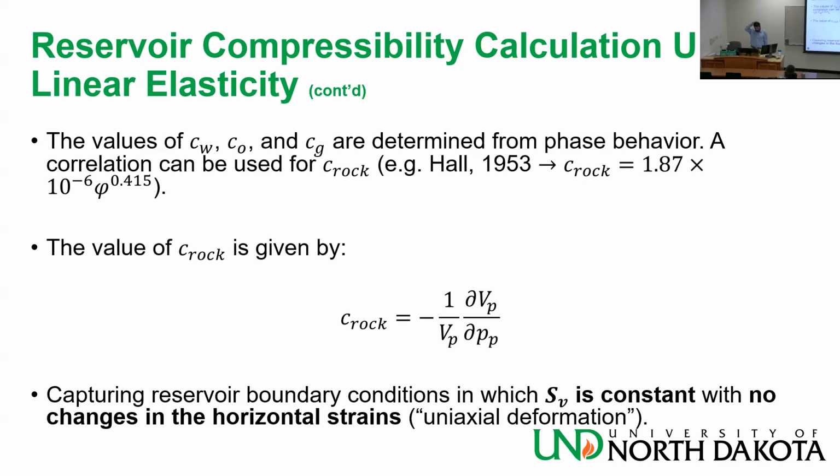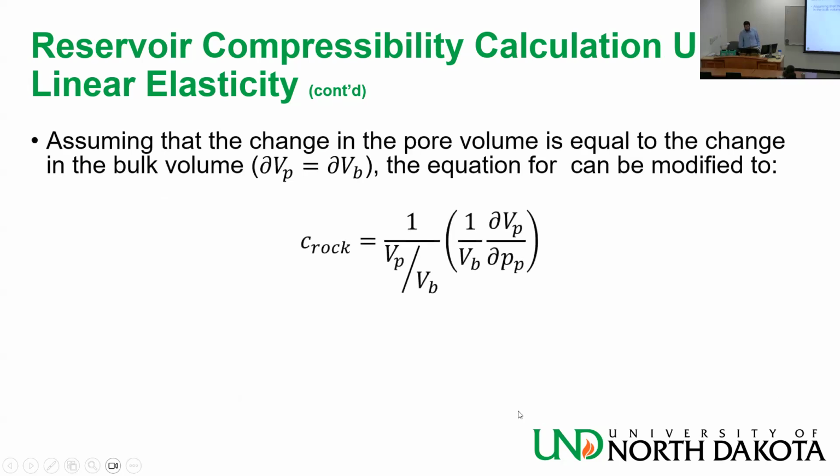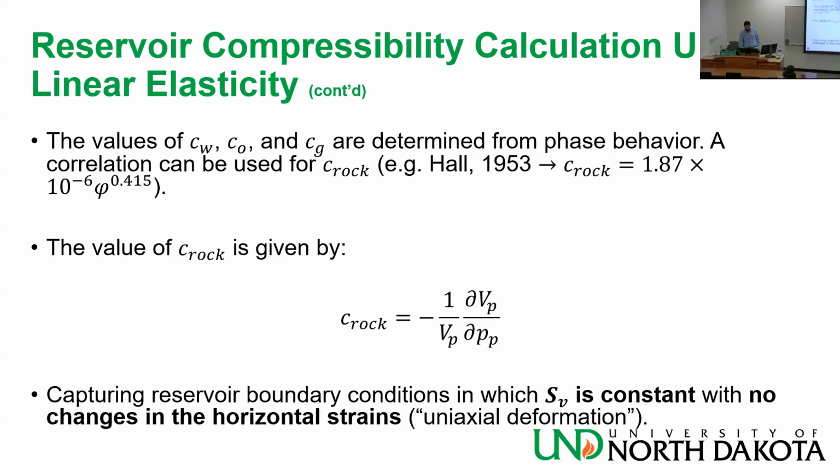Capturing reservoir boundary conditions in which SV is constant with no changes in horizontal strains. Uniaxial deformation is something we are going to see in the next lecture, to be honest.